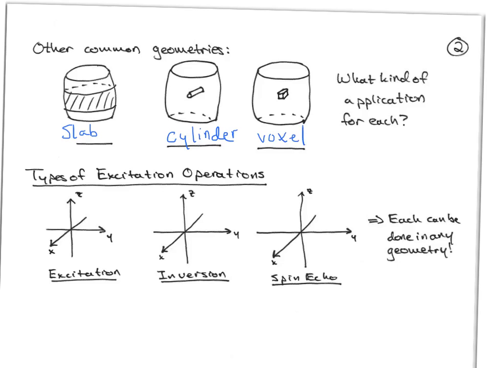Okay, and there are three different types of excitation operations that we're going to be doing here. We have excitation, inversion, and spin echo pulses, and each does a different thing to magnetization. Right? So the excitation pulse is going to take magnetization that is initially along the z-axis here, and rotate it down to the transverse plane.